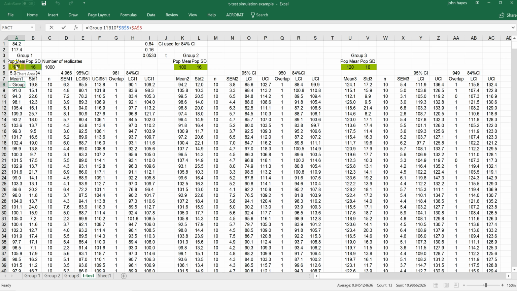and I'm adding a mean of 100. So I'm doing a linear transformation from a random number that has a mean of 0 and a standard deviation of 1. I'm transforming it to a new set of data that has a mean of 100 and a standard deviation of 16.